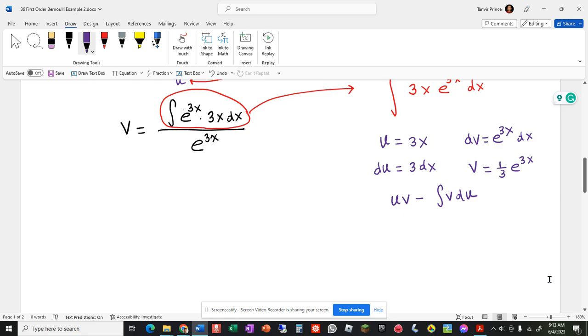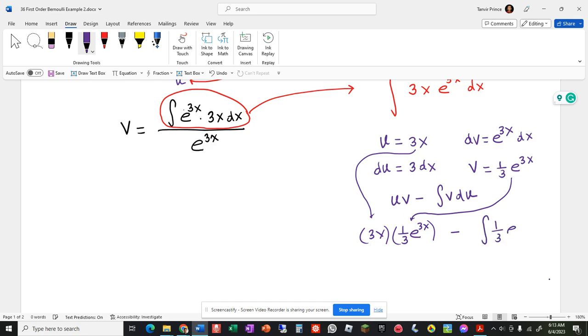So uv is 3x times 1/3 e to the 3x, minus integral of v, which is 1/3 e to the 3x, and du is 3 dx. So this 3 and 1/3 I can cancel, just 1.